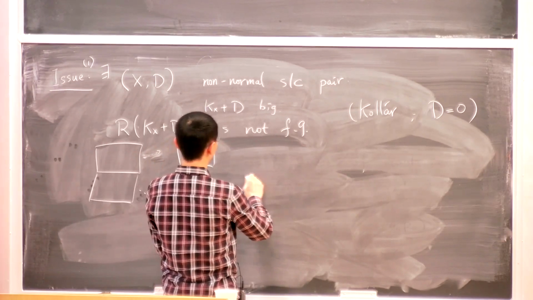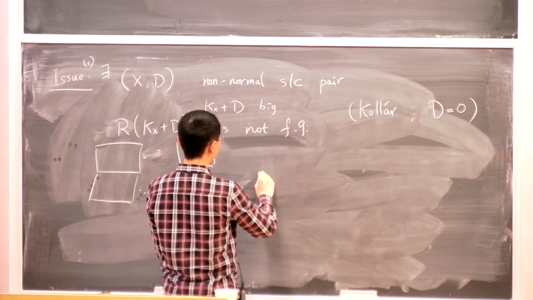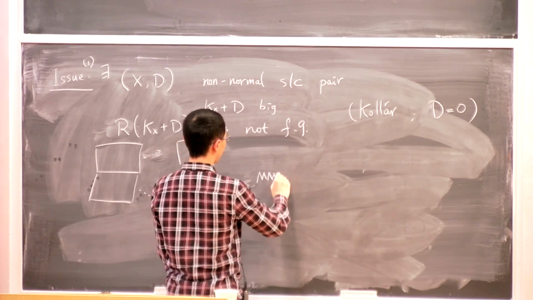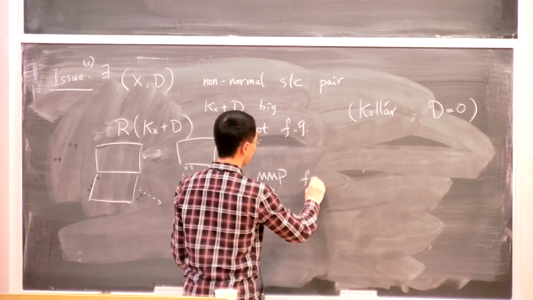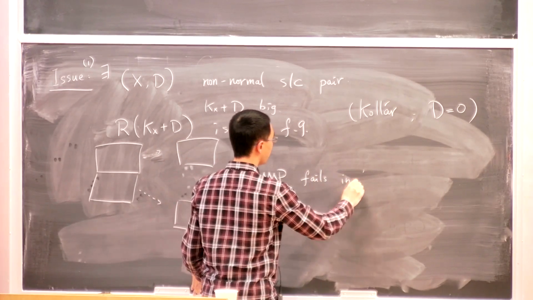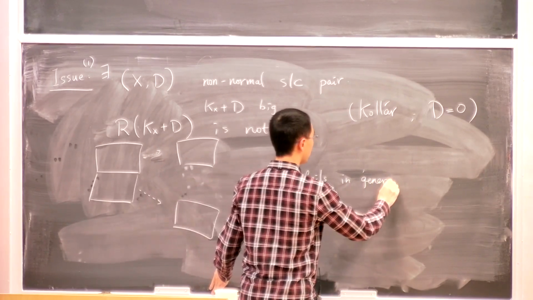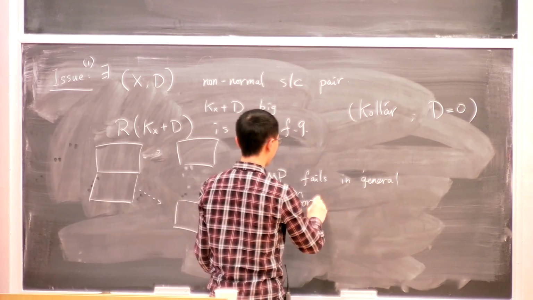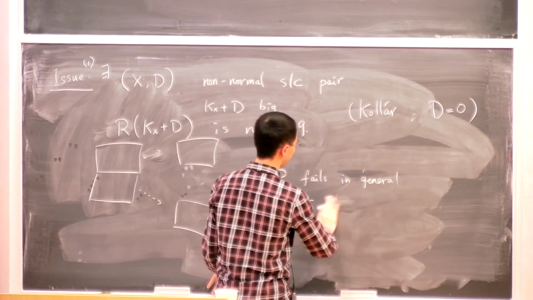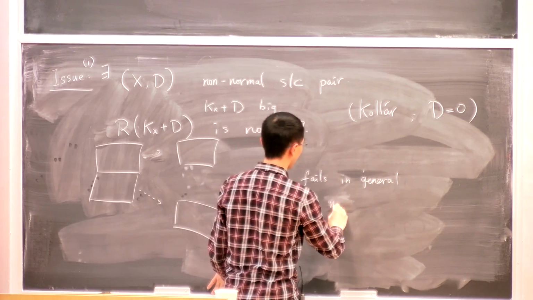Okay, so what this is saying is that the minimal model program also fails in general for semi-log canonical pairs that are not normal.